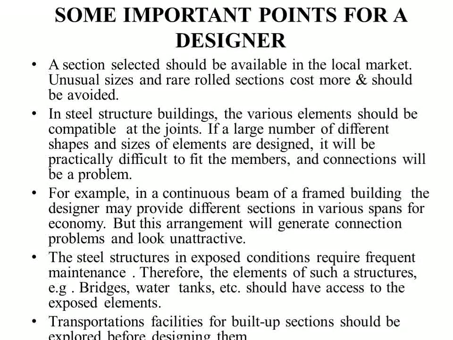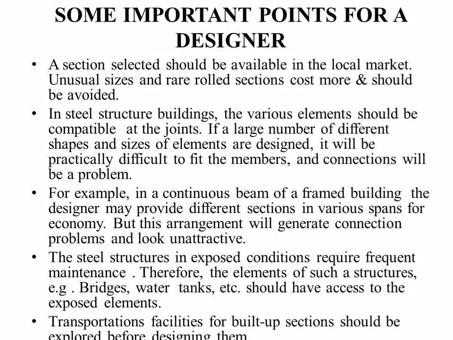Second one, in steel structure buildings, the various elements should be compatible at the joints. If a large number of different shapes and sizes of elements are designed, it will be practically difficult to fit the members and connections will be a problem. Just as I have said, when in a continuous beam we are designing steel sections of different sizes for different spans, the jointing is very complicated, so you have to design the same section throughout the structure from start to end.